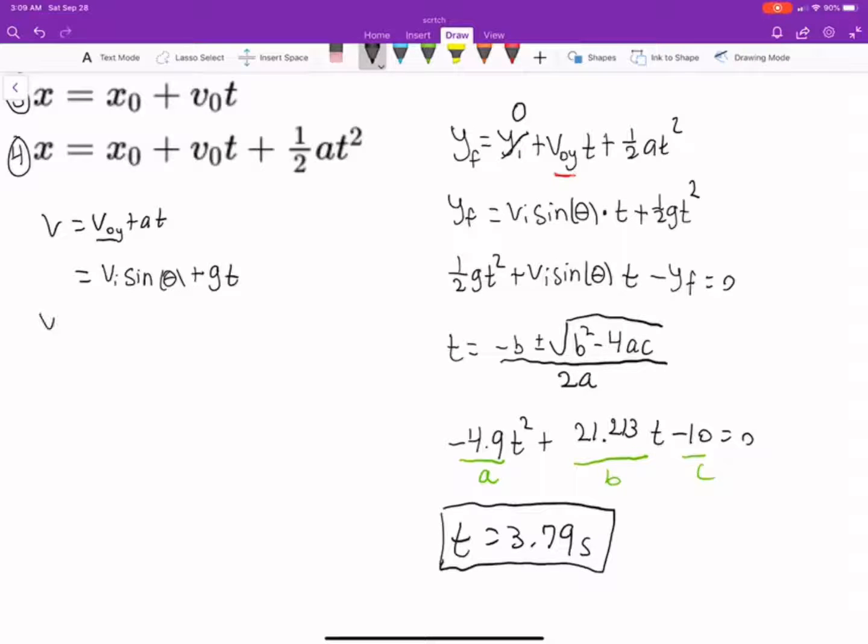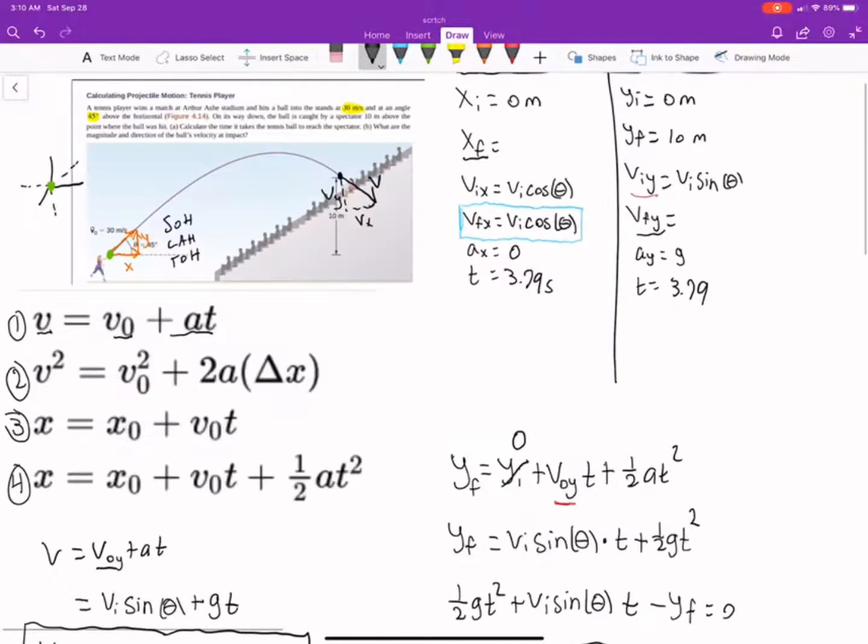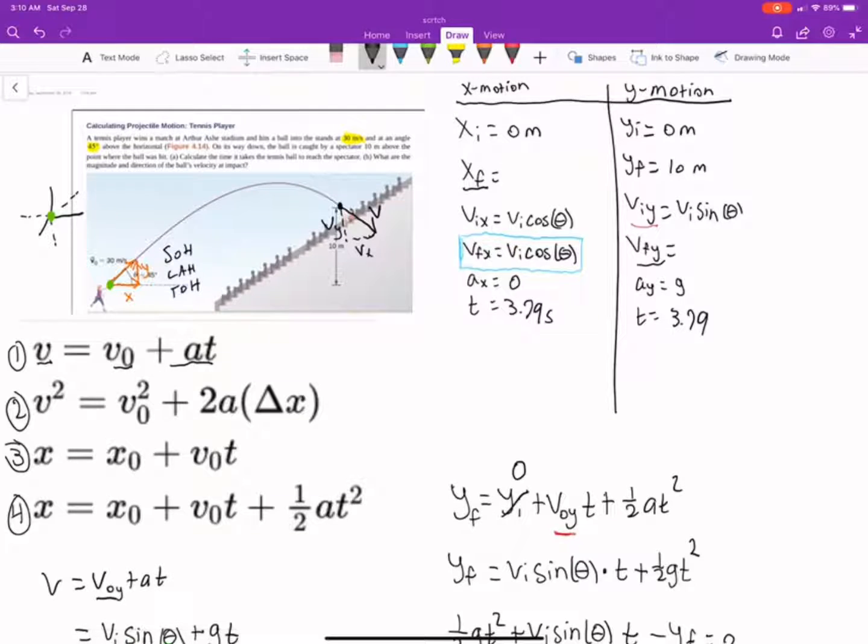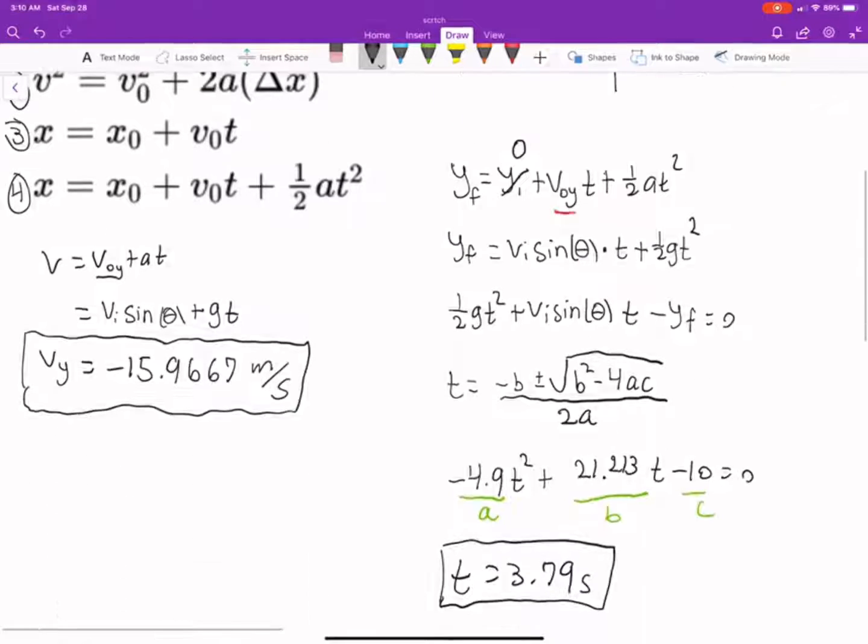So v sub y is negative 15.9667 meters per second. And that makes sense that it's negative. It's an awful box, but we'll go with it. We're letting up be positive, right? And we can see that from our coordinate axes we set up there.